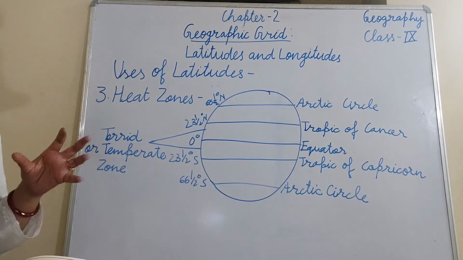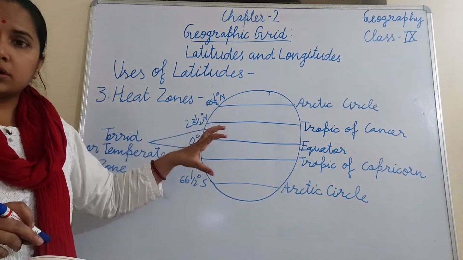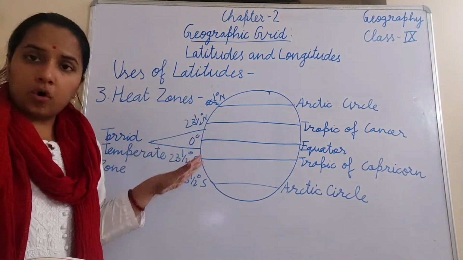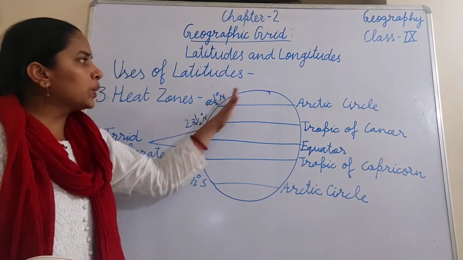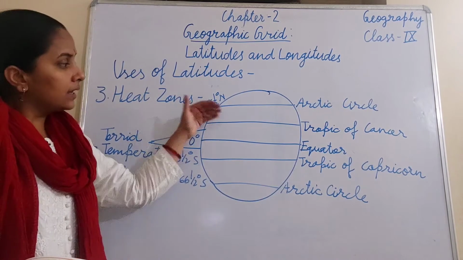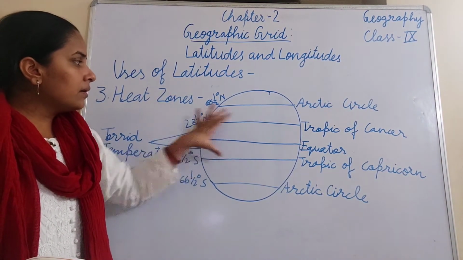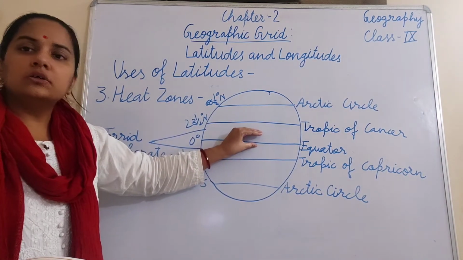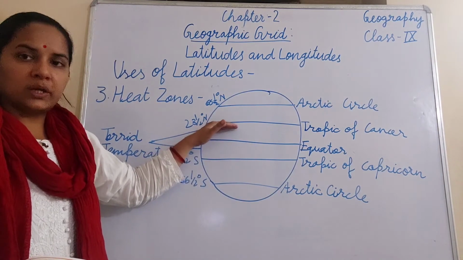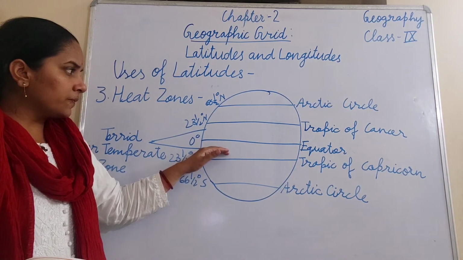It is also called the tropical zone. Why? Because this is very hot. The areas near the equator are hot, and as we move from the equator towards the pole, the temperature tends to decrease in both hemispheres. So this is the belt which is lying near the equator, in the northern hemisphere as well as in the southern hemisphere.